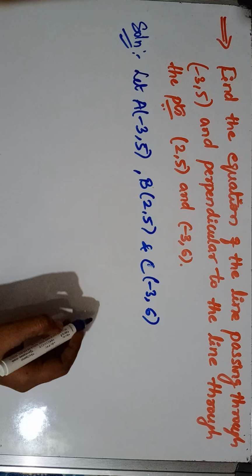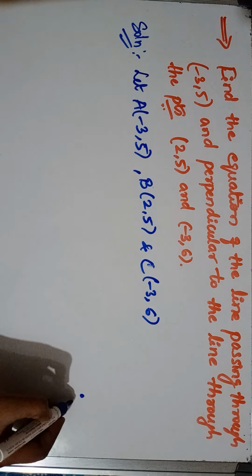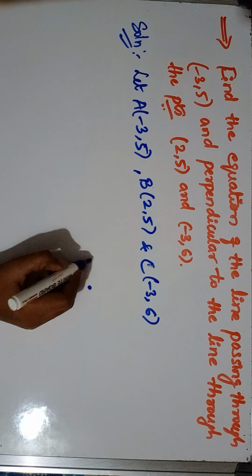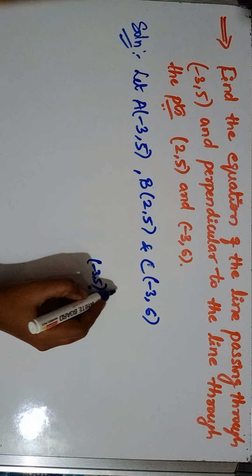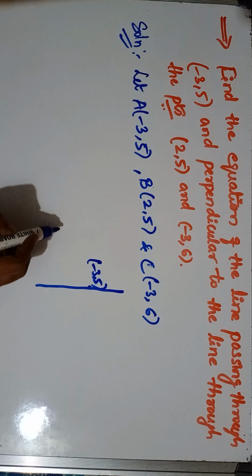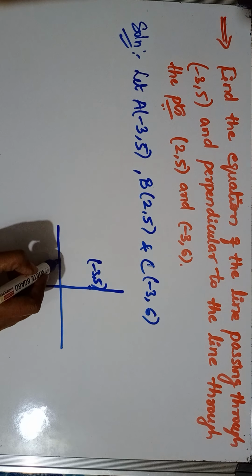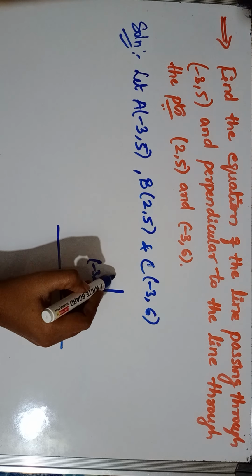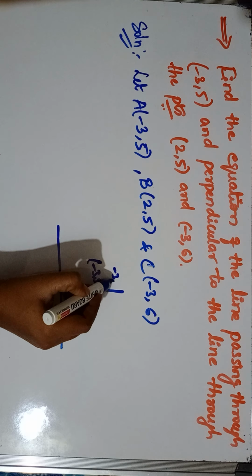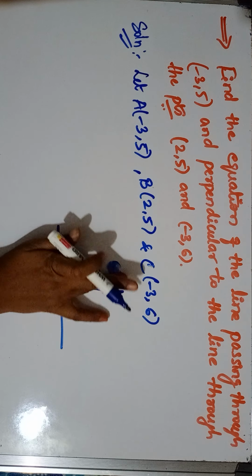According to the given question, suppose this is minus 3 comma 5. The required line is passing through this point and this line is perpendicular to the line joining the points minus 3 comma 6 and 2 comma 5.